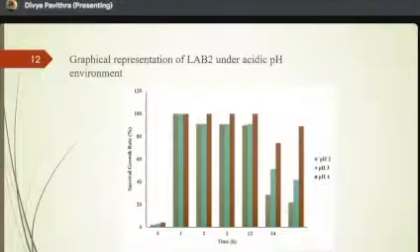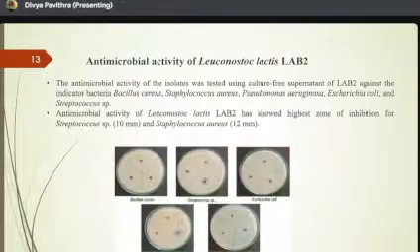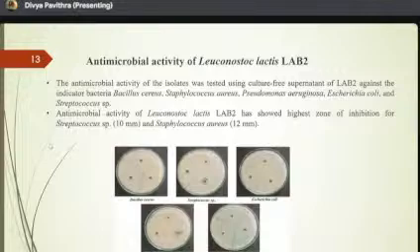Coming to antibacterial activity against bacteria such as Bacillus cereus, Staphylococcus aureus, Pseudomonas aeruginosa, Escherichia coli, and another one Streptococcus species, we found that Leuconostoc lactis shows a zone of growth inhibition against Streptococcus species and Staphylococcus aureus, a moderately pathogenic bacteria causing throat infection.